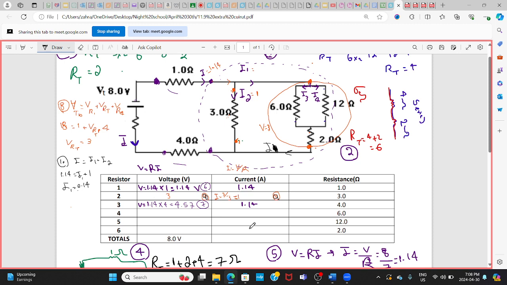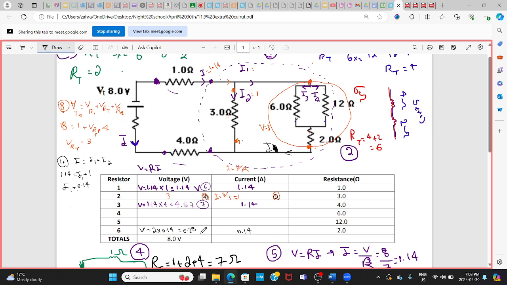I1 was what? 0.14. So from that, easily I can calculate the V. V again is equal to R I2 multiplied by 0.14, is 0.28.